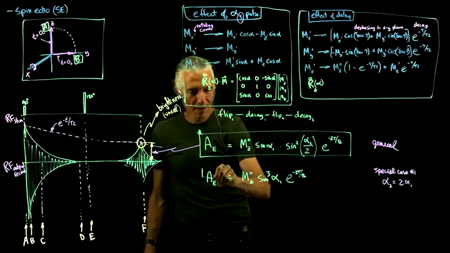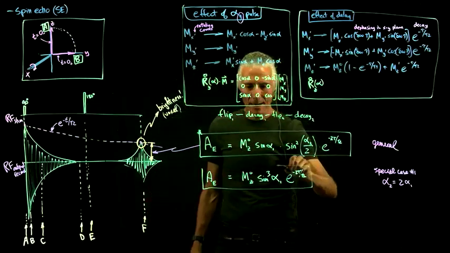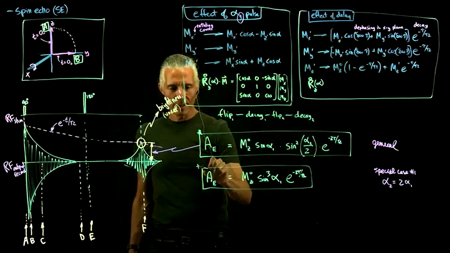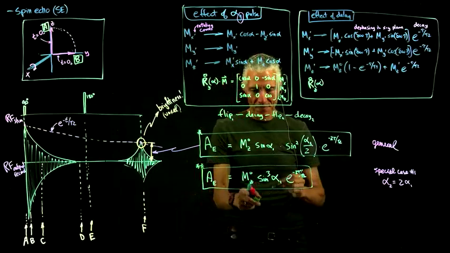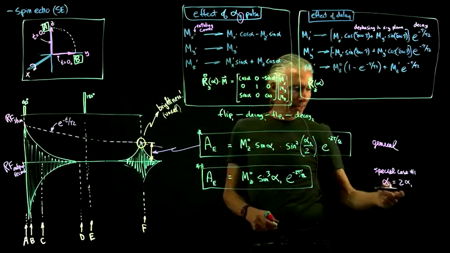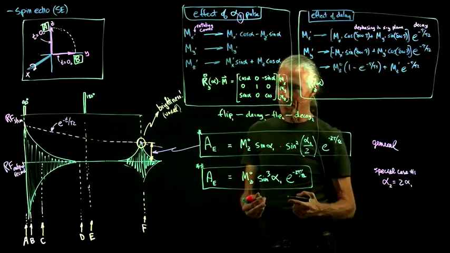So that's a better one, a little simpler. So you often see that sine cubed equation, because if you just arrange to have the second pulse be twice as big as the first, then it simplifies.